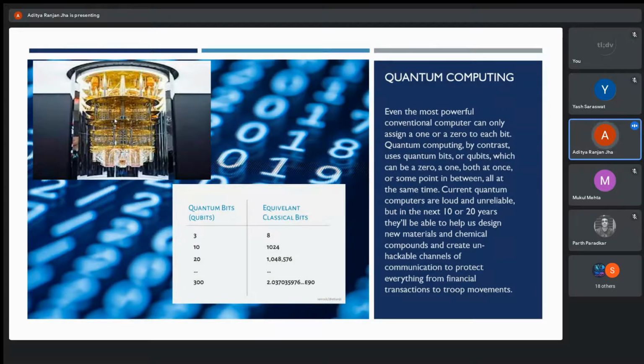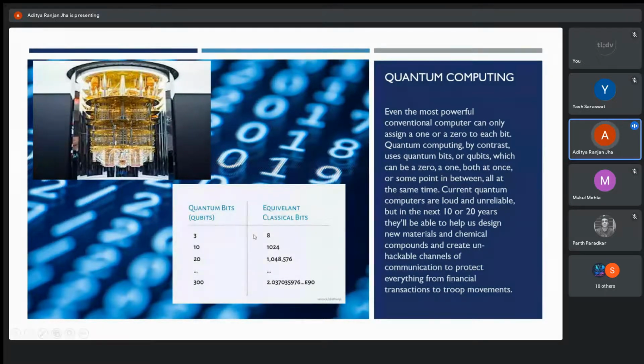Physical disturbance creates a lot of noise errors in them. And I read that they need to be stored at absolute zero temperature, and I think these qubits are stored in vacuum.